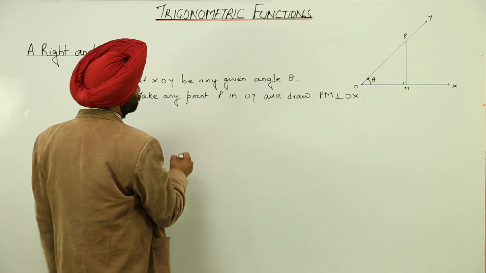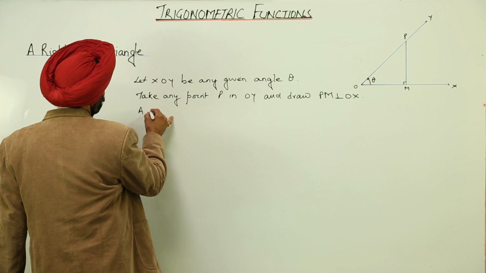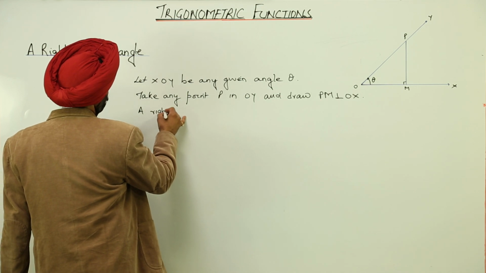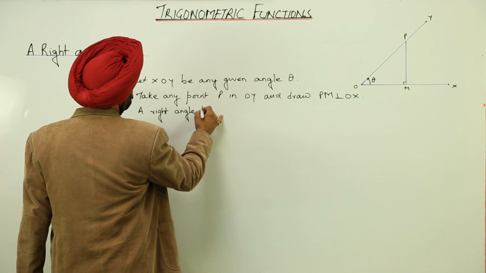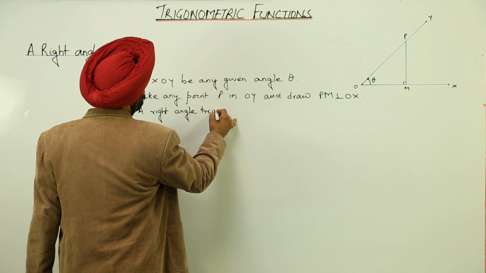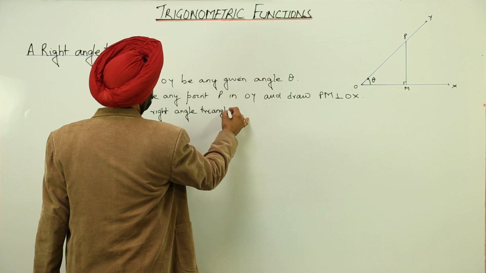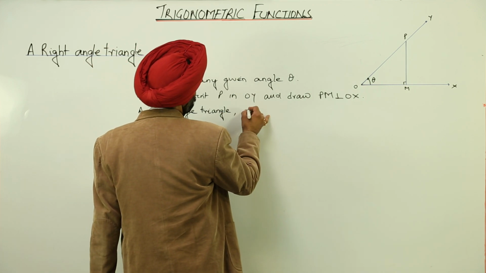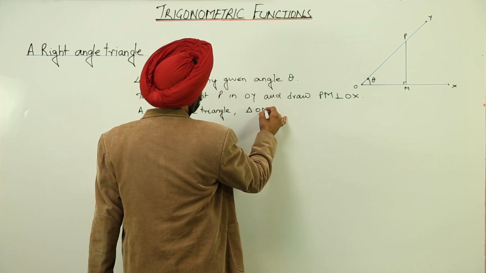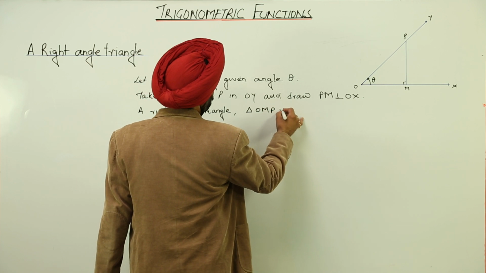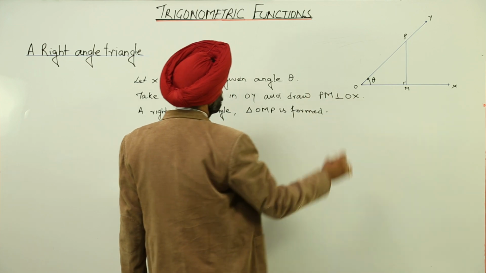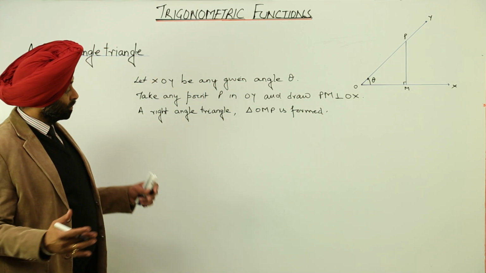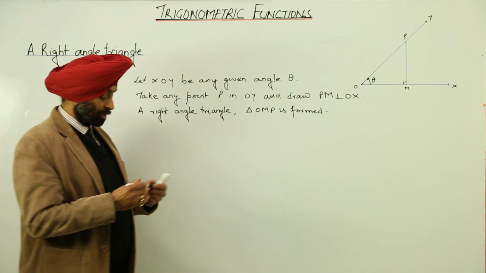Now a right angle triangle OMP is formed. This is about the triangle that we have formed.